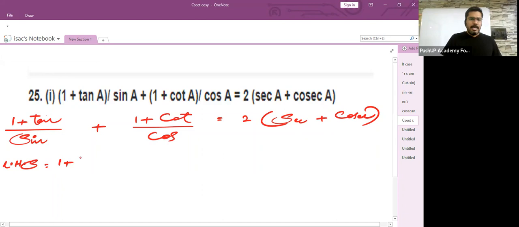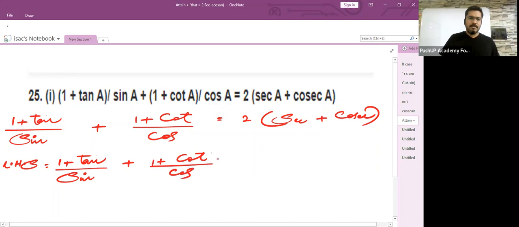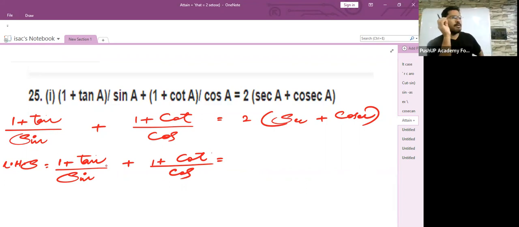So you all took the LHS, which is 1 plus tan divided by sine plus 1 plus cot divided by cos. Children, did you all convert the tan into sine upon cos and cot into cos upon sine? Okay, still you are not able to solve?